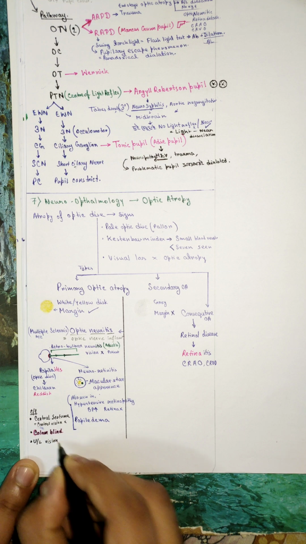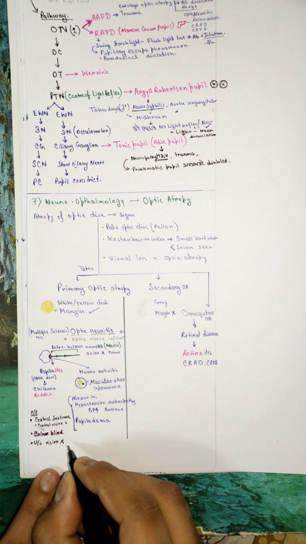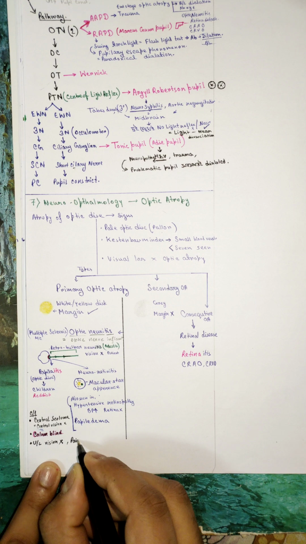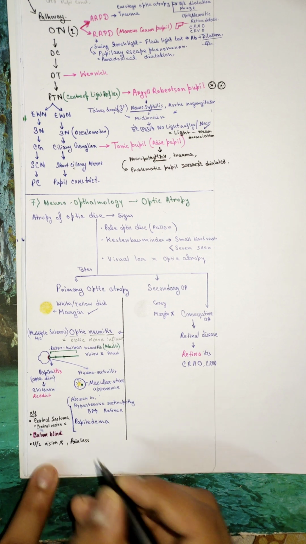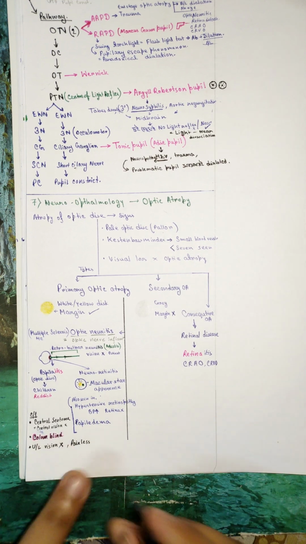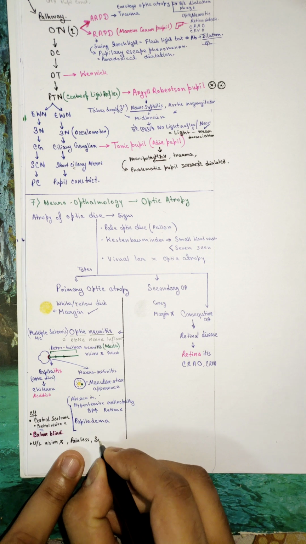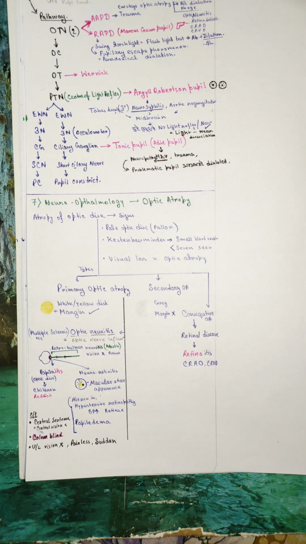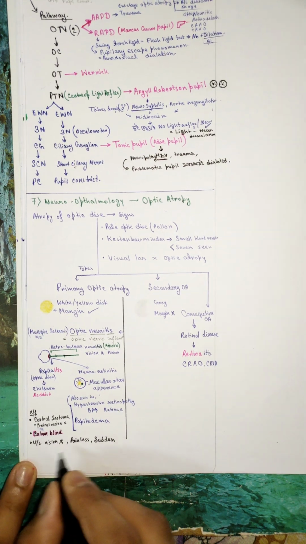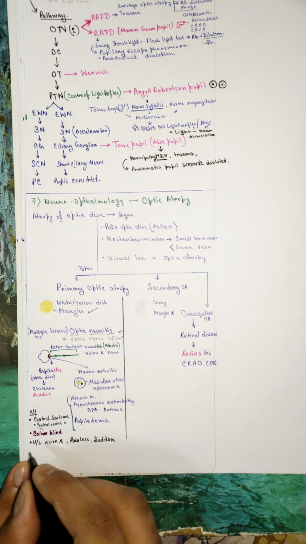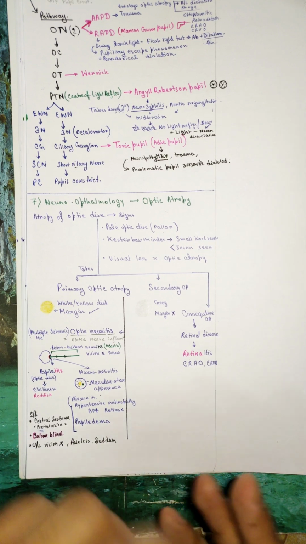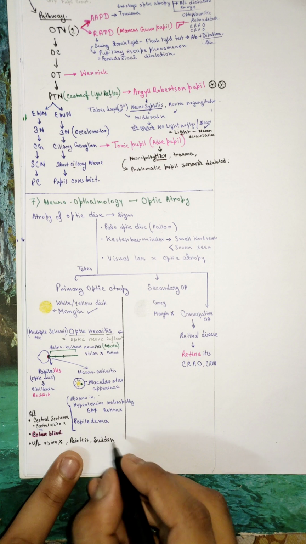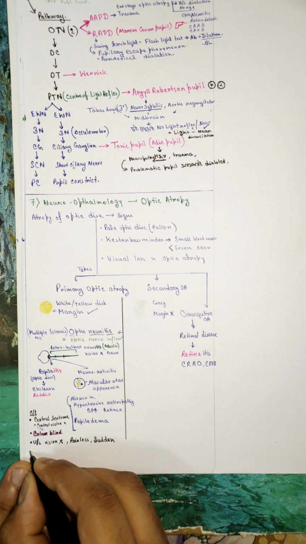It is very much important, vision loss, and it is painless. And more important, it is sudden. That means the patient will say, doctor, I woke up today and suddenly I cannot see anything. I am not having any pain, but I cannot see anything. That means painless, sudden, unilateral vision loss. That means in one eye it will happen, in just one eye. Okay, it is very important.